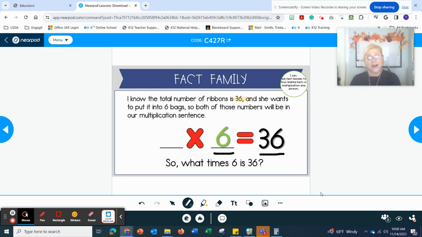If I have the automaticity, I can answer that. And some of you are already like, Miss Smith, if I could talk to you right now through the camera, this is the answer. But guess what? You can't.